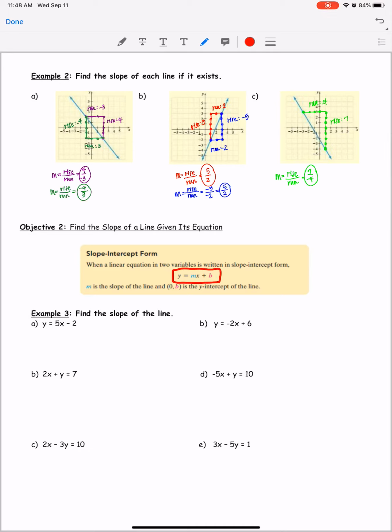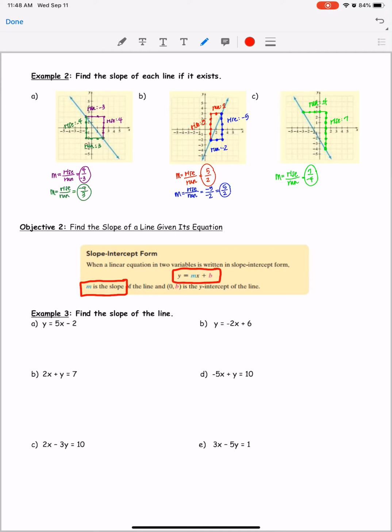Y equals mx plus b. Now, this is going to be the third way we're going to graph lines, through this form here. But what we're focusing on today is just the slope of this. Your slope is whatever m is, and m is whatever is in front of the x.